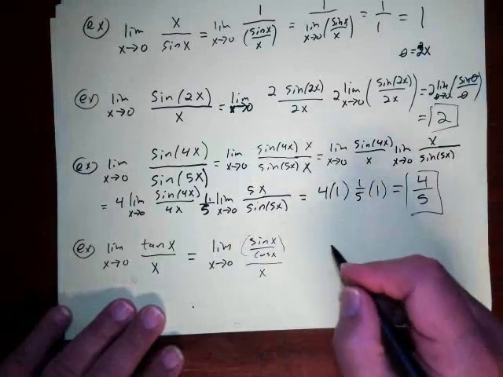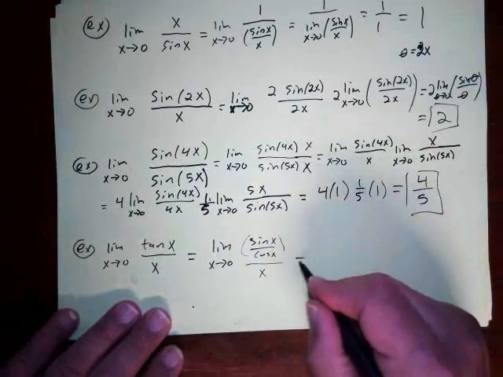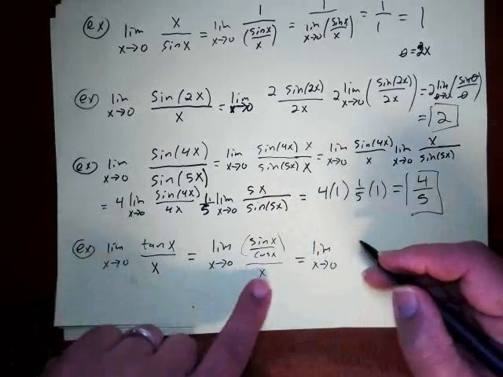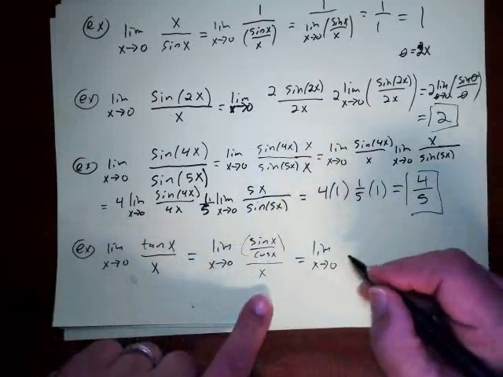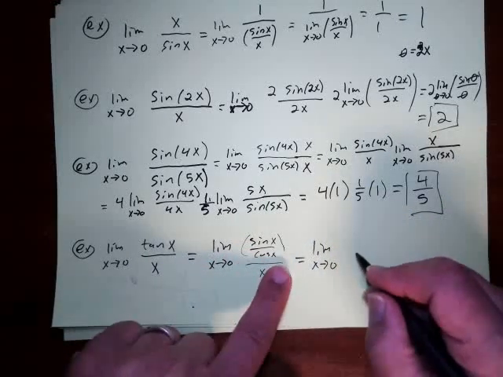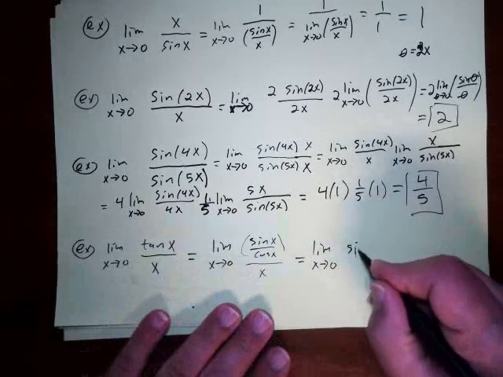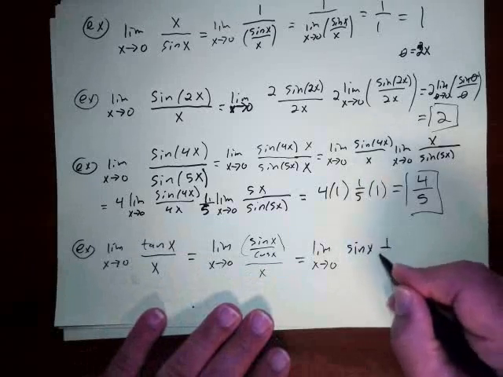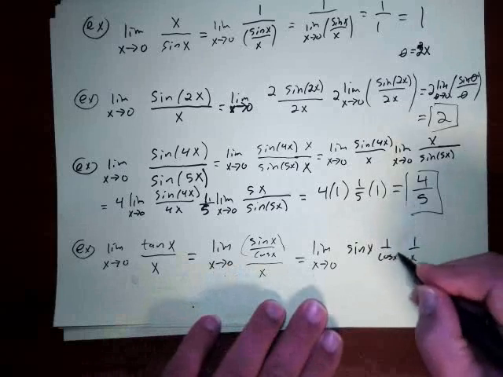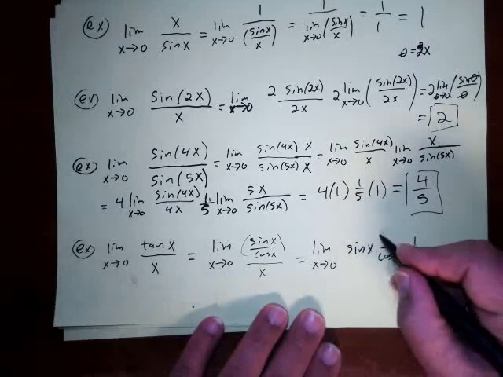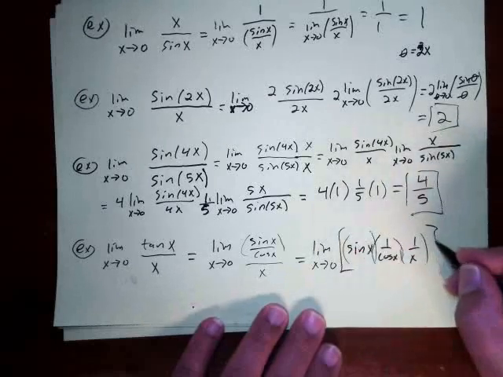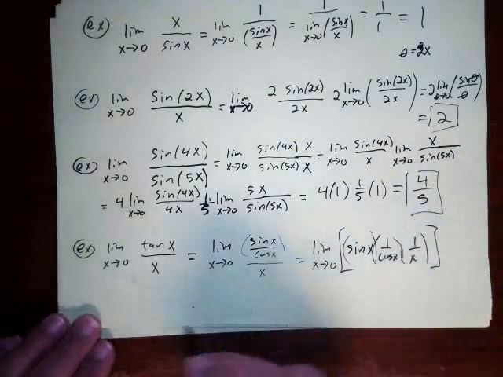I could rewrite this limit as x goes to 0 of sine of x times 1 over cosine x, times 1 over x. You kind of got these three things.